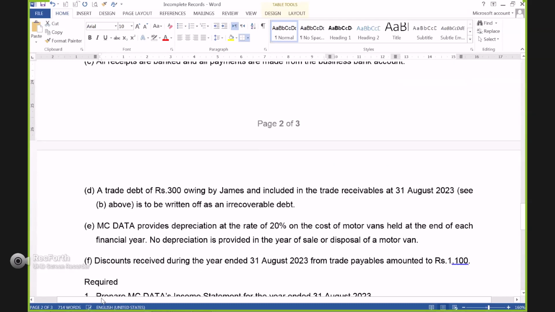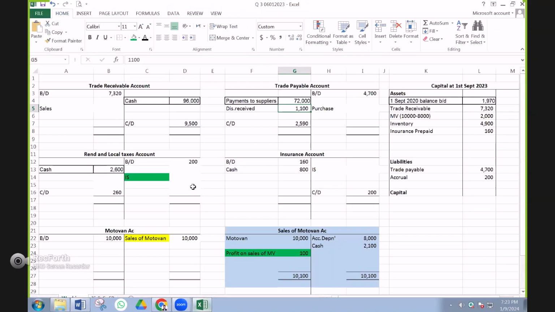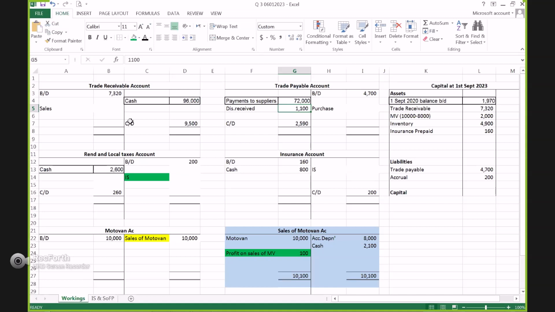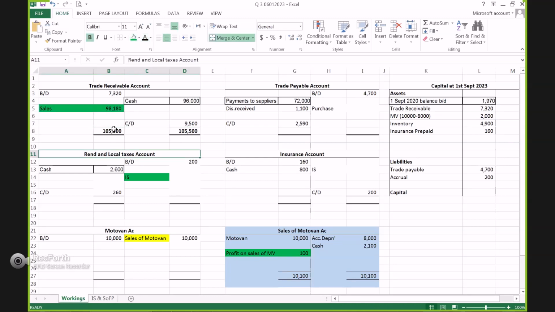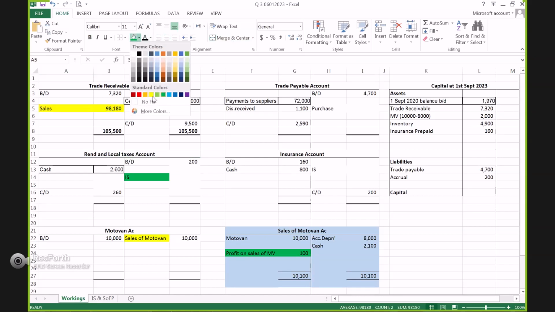So now our task is to balance it. One by one we will see the trade receivable. Trade receivable, debit side is the highest balance, 105,500. So the balance amount you have to see is the sales, 98,100. Did you understand? The opening balance, closing balance and cash amount are fine.